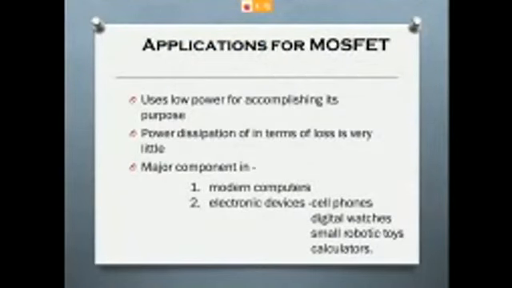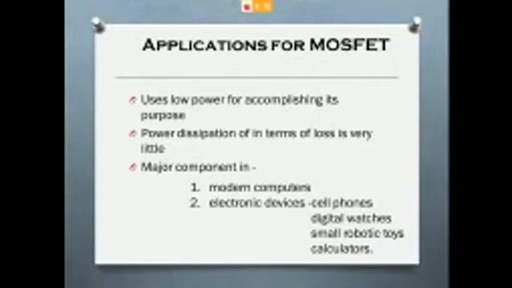Next would be the application of a MOSFET. A MOSFET is used for lower power applications in accomplishing its purpose. This is to be noted as we will discuss the IGBT later. Next, the power dissipation, or loss, is very little.